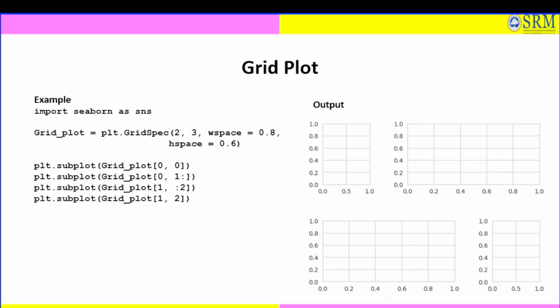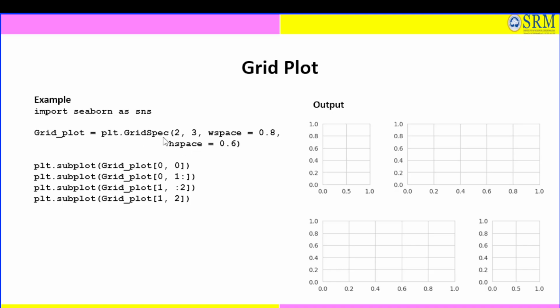Then comes the grid plot, where we divide a single region into parts. You can divide row wise, column wise, or decide how much space you want to allot for the first plot or the second plot. Everything we can set by means of these parameters.